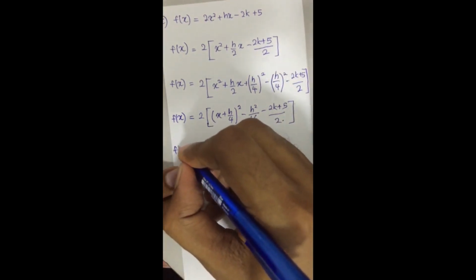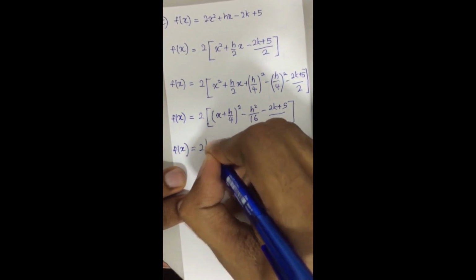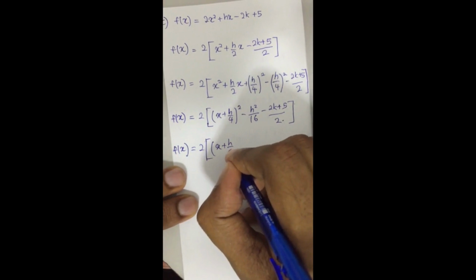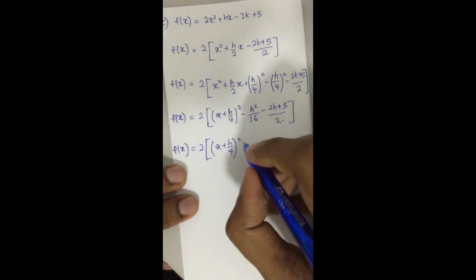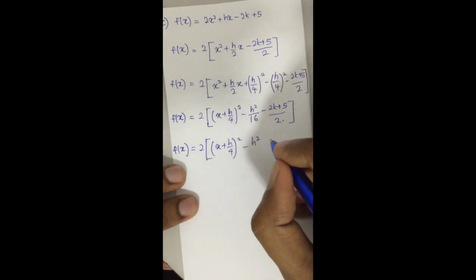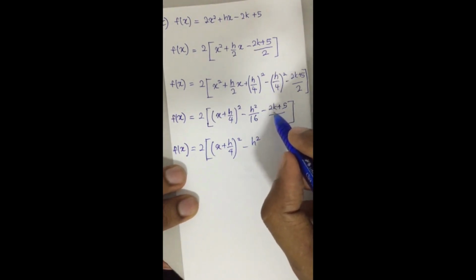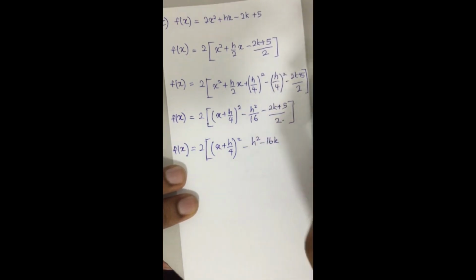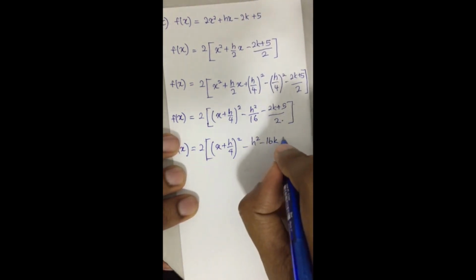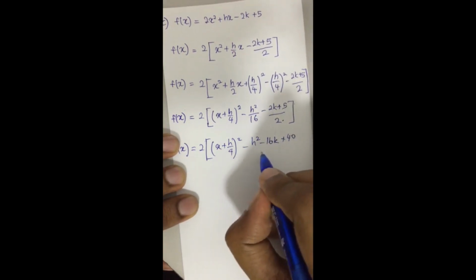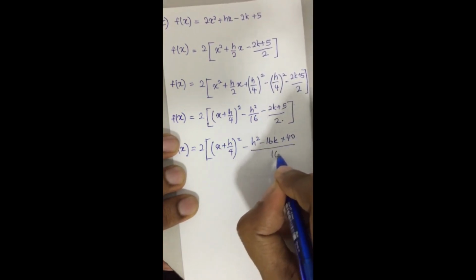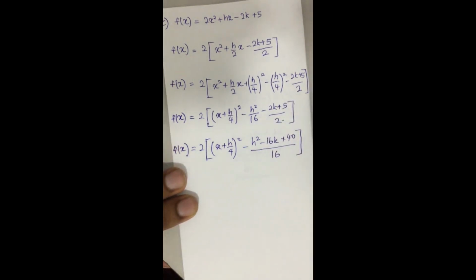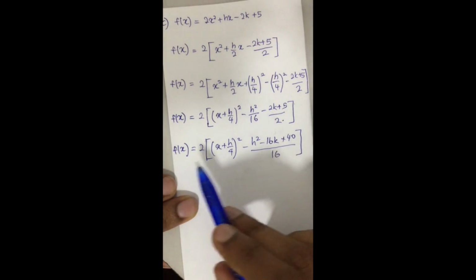So f(x) equals 2 in a bracket (x plus h over 4) squared minus h squared, so negative 2k times 8 you get negative 16k, 5 times 8 you get 40, and then you divide by 16, close square bracket.